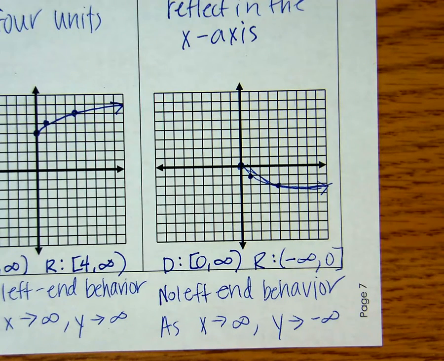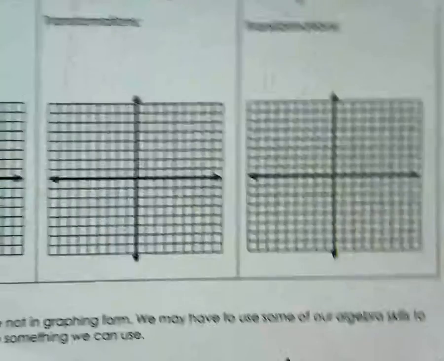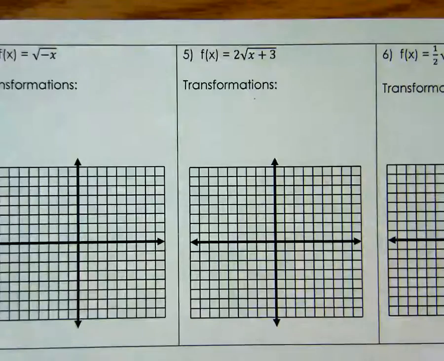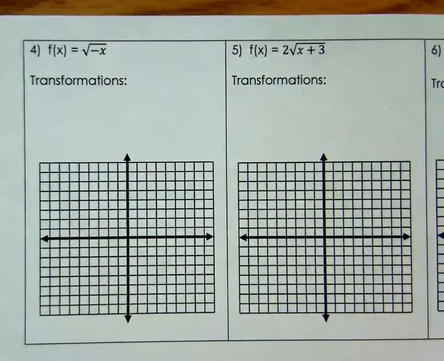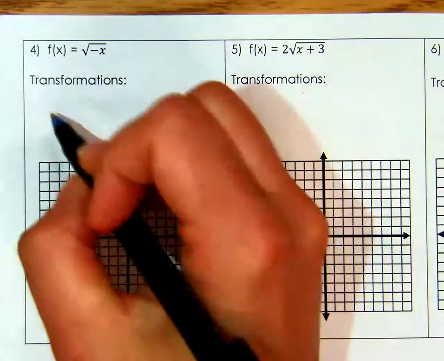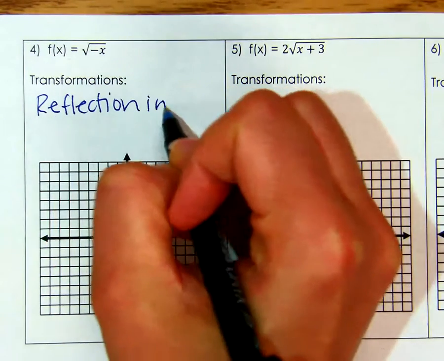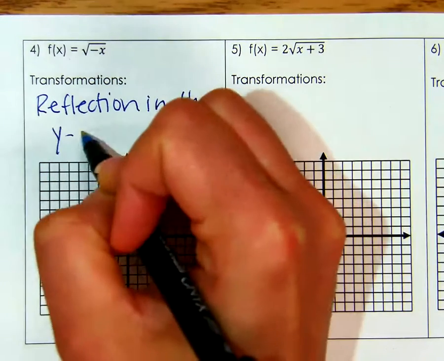We're going to move to page 8 and continue doing a few examples. This transformation, the negative is underneath the radical. So this is where we're going to have a reflection in the y-axis. There's no vertical or horizontal shifts.